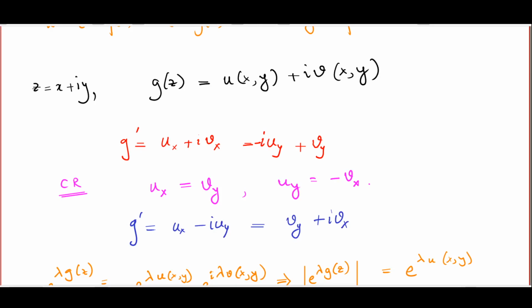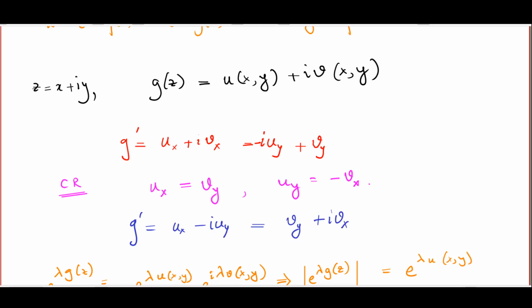Similarly, any function of z, let us for the sake of definiteness talk about g of z here, can be written down as two functions, one purely imaginary and the other purely real. The real part function u of x, y and the imaginary part function i times v of x, y together make up our function g of z.